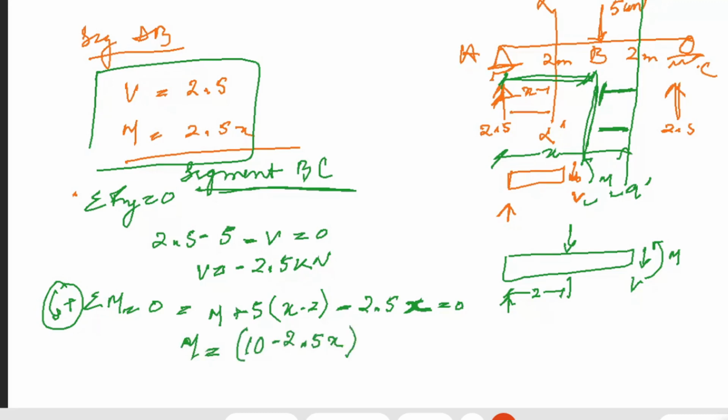This will be your equation for moment to be calculated depending upon your values. Now give the values when x is equal to 0, when x is equal to 2, and when it is 4, and it will give you the actual values.